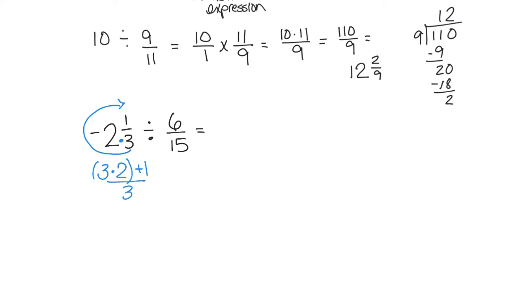So 3 times 2 is 6 plus 1 is 7, and that becomes 7 over 3, and you place the negative in the numerator.